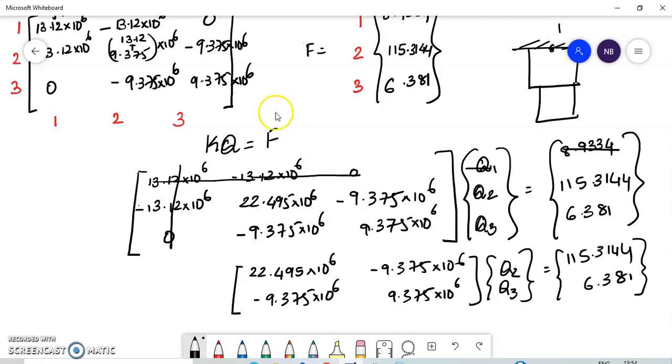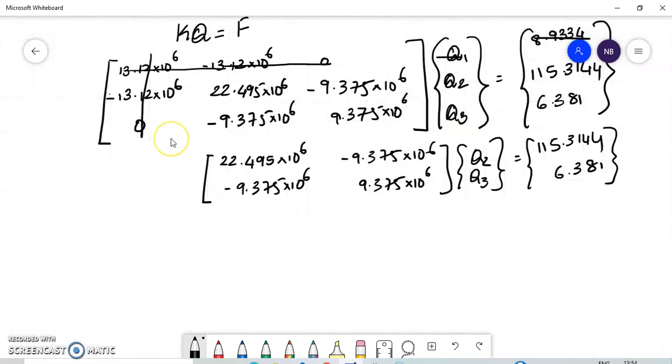So there are two equations and two unknowns which can be solved, and we get the answers of Q2 as 9.27 into 10 to the power minus 6 inches and Q3 as 9.95 into 10 to the power minus 6 inches. Next we are asked to find out the stresses.